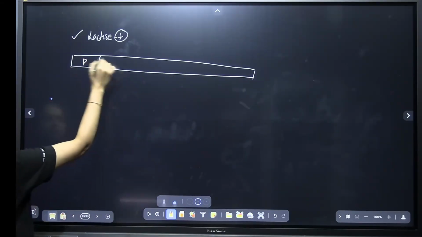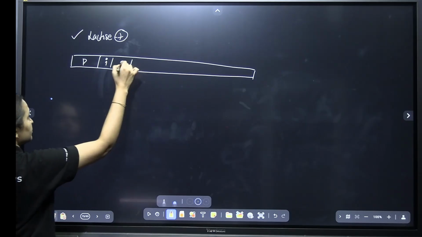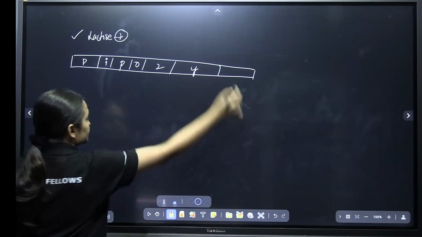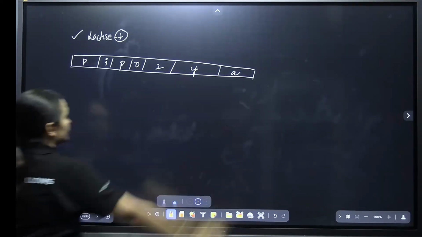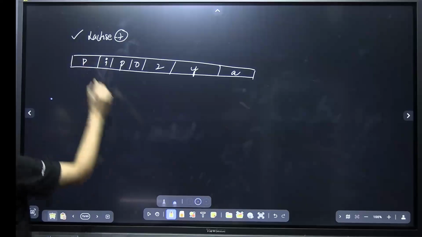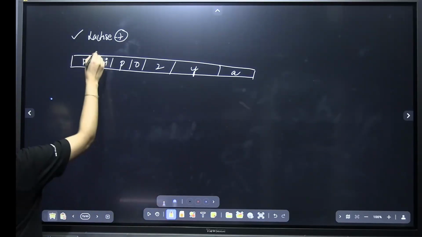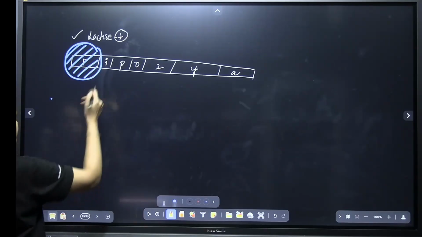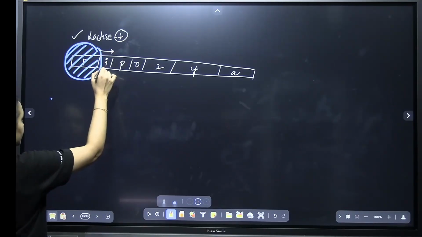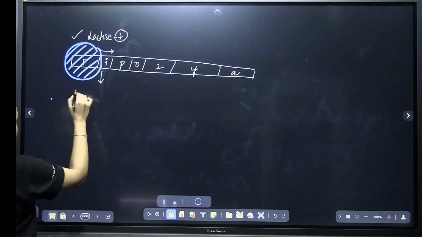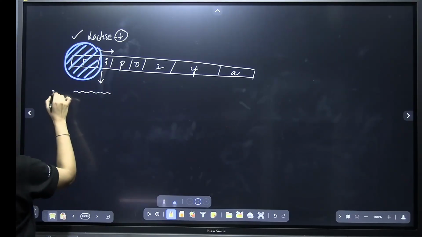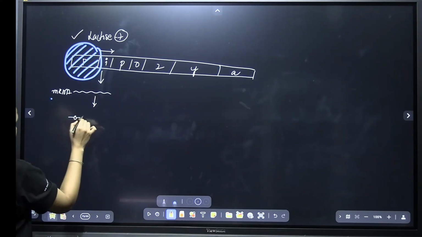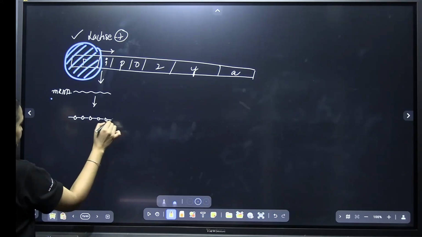If this is P, I, P, O and Z, Y, A. So if lactose is present, same, this particular DNA dependent RNA polymerase will transcribe this particular inducer gene first, that is the mRNA of the repressor. The repressor RNA will be converted into the repressor protein. Okay.